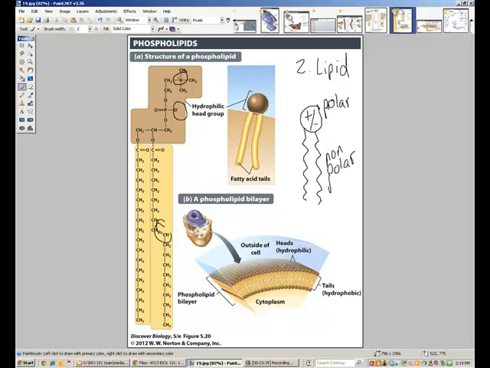So what happens when you put phospholipids in water, let's say in a cell, is that they orient themselves this way, where the tails like each other in here, and the heads stick out in water, because these don't like water, so they group towards one another, and the heads stick out in water because they like water, because they're polar.